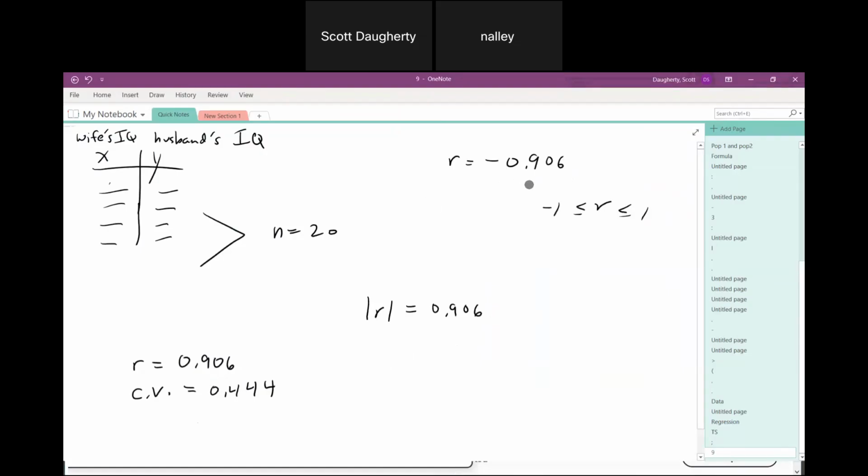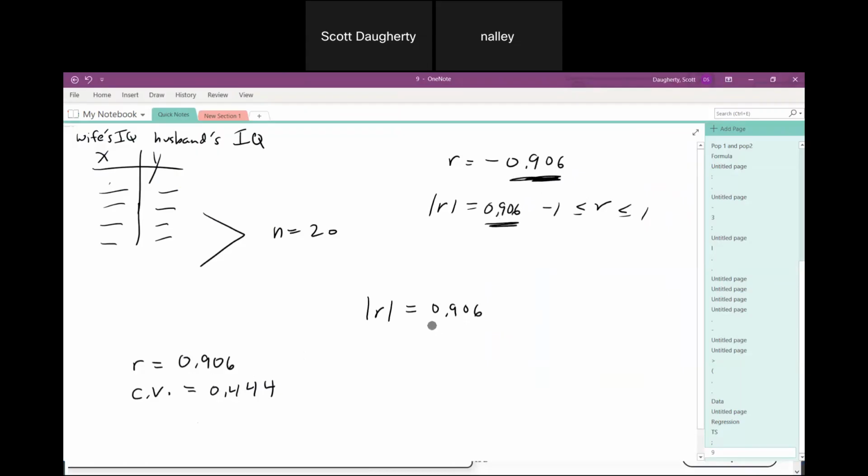The critical values they give you in the table are all for positive values. So they just want you to take the absolute value of R to make sure that you turn this into a positive number if it happens to be negative. But for us, it's already positive, so the absolute value of 0.906 remains 0.906. But here, it would be changing it into positive 0.906.